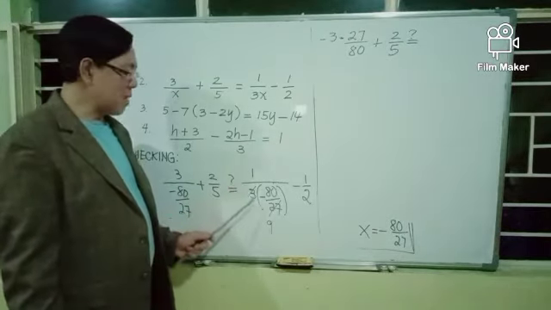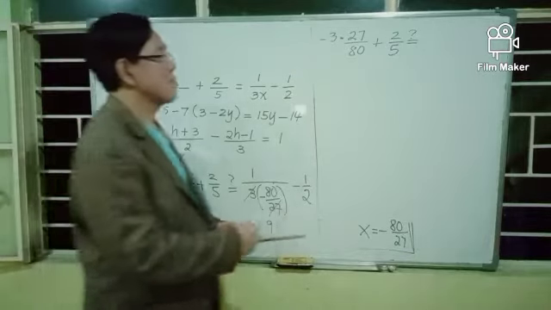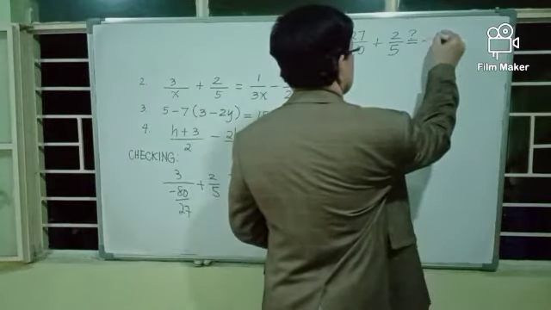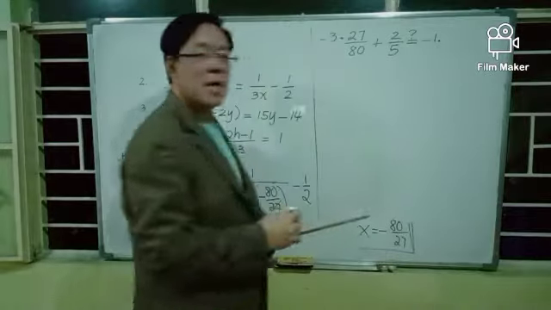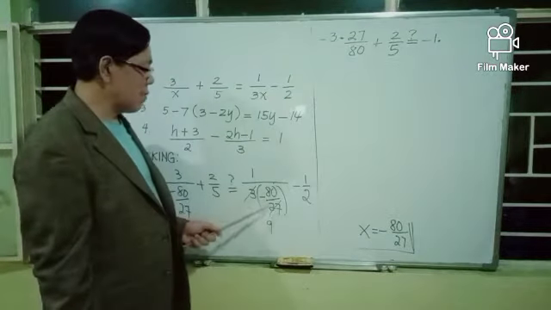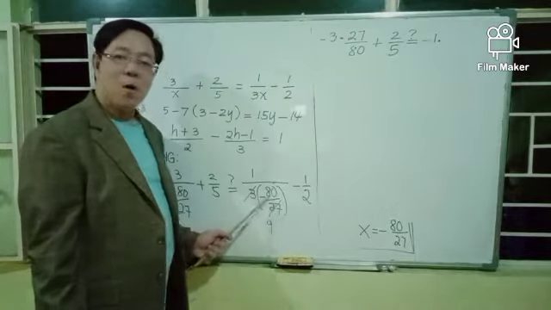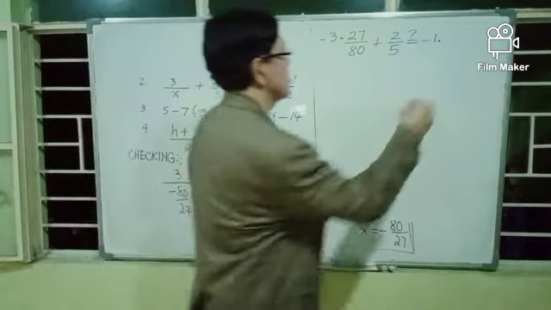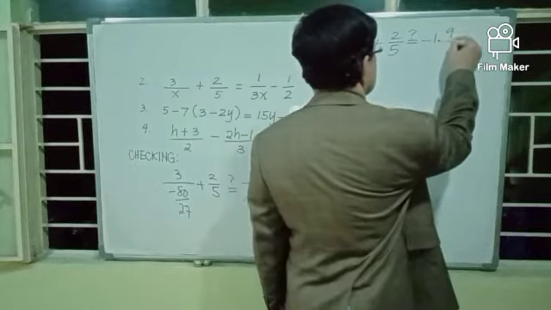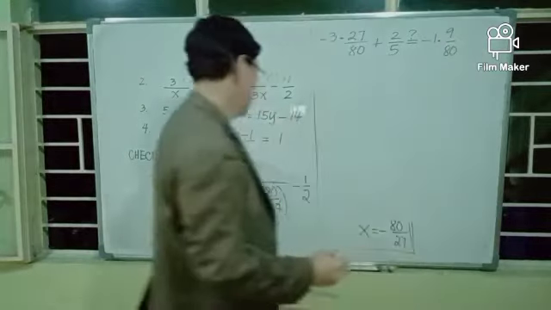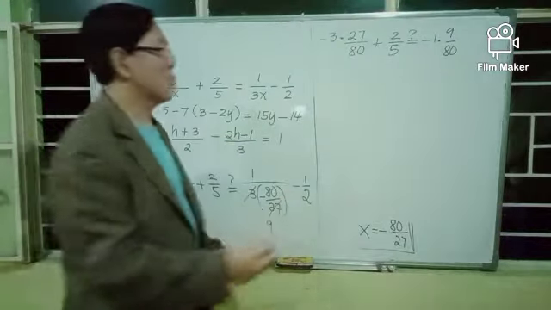This positive 1 divided by negative is negative. Negative 1, we multiply by the reciprocal of 80 over 9, which is 9 over 80, minus 1/2.